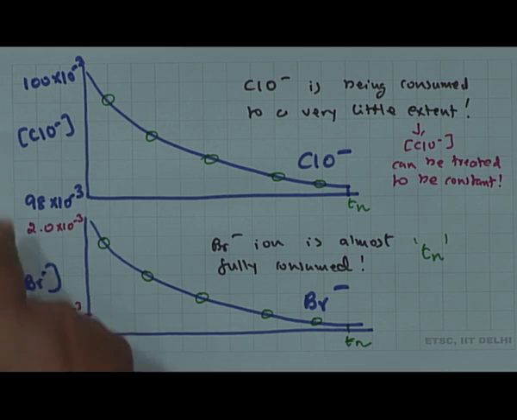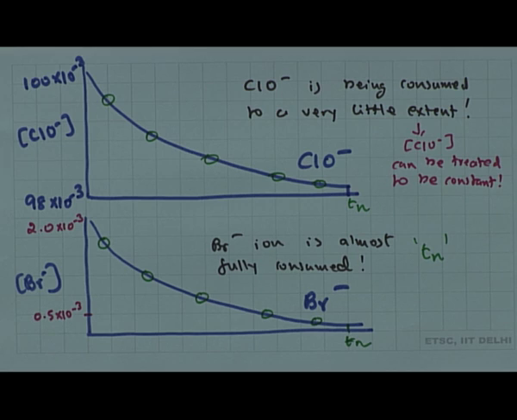So the change is minimal for hypochlorite, and hence we can consider the hypochlorite ion concentration to be constant throughout the course of the reaction, because the change for hypochlorite has been very small, but the change for bromide has been huge. This is something we always have to think about when we talk about reactions where one reactant is far more in excess than the other reactant.